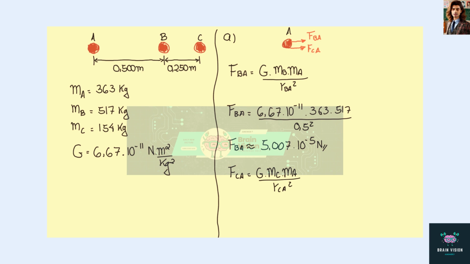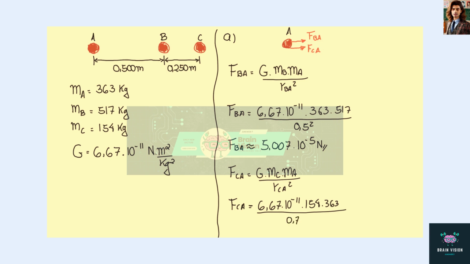Then, by plugging in the values that were given in the problem, FCA is equal to 6.67 times 10 to minus 11 times 154 kilograms times 363 kilograms divided by the distance between particles A and C. And the distance between particle A and C is equal to 0.5 plus 0.25, which is 0.75.